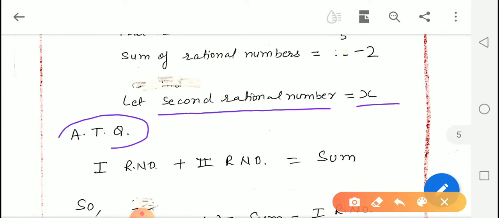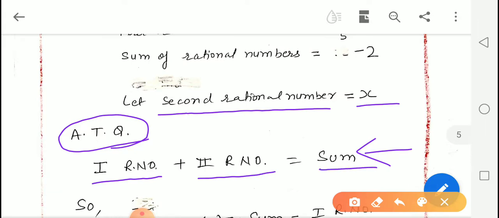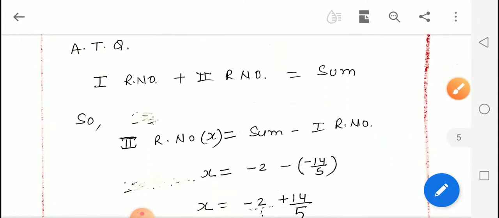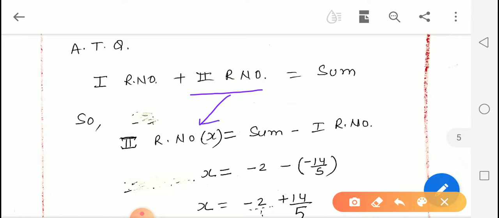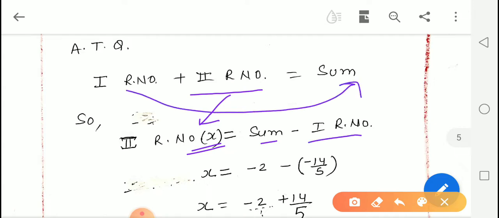Now according to the question, if the first rational number is added to the second rational number, we will get the sum. So by transposition, the second rational number which we have supposed as x will be the sum minus the first number. This we will transpose on the right hand side and get this equation.